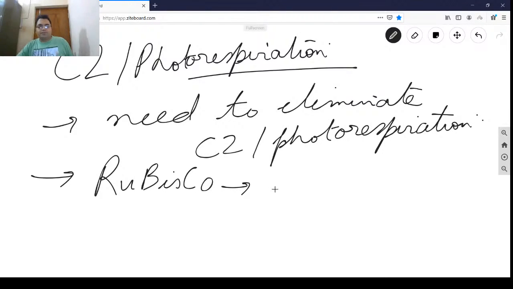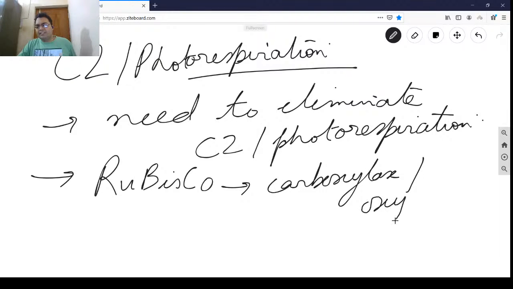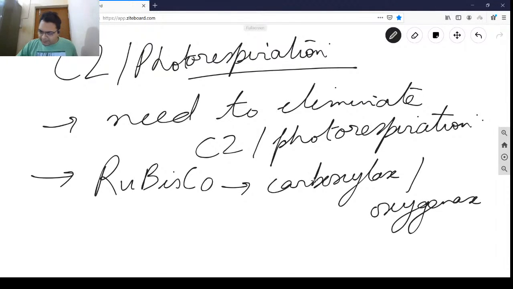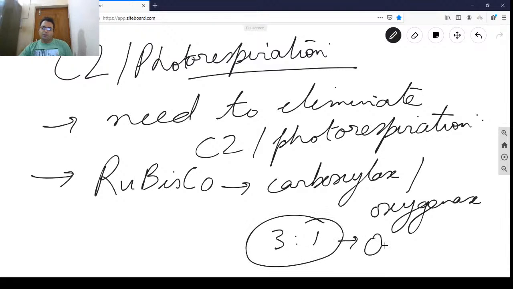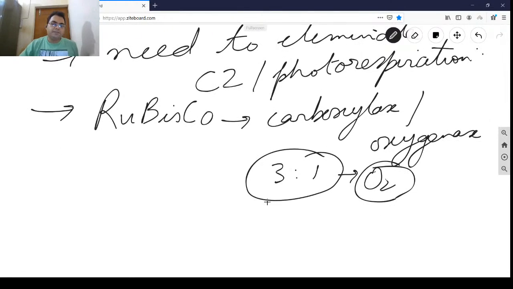It has dual activity, carboxylase and oxygenase. High Km, low Km, that we have talked about, this one low, this one high. But still, at about 3:1 it is going for O2 addition with ribulose 1,5-bisphosphate to produce 3-phosphoglycerate and 2-phosphoglycolate, 5 carbons total, right?